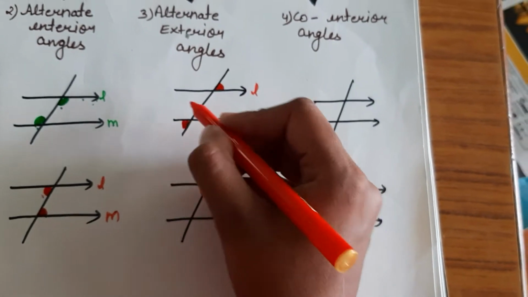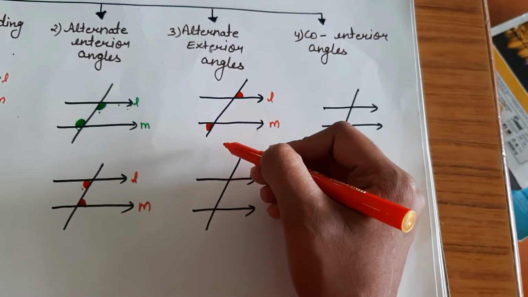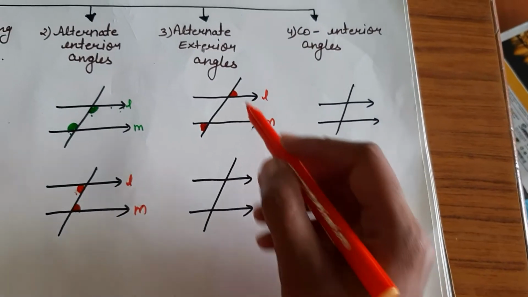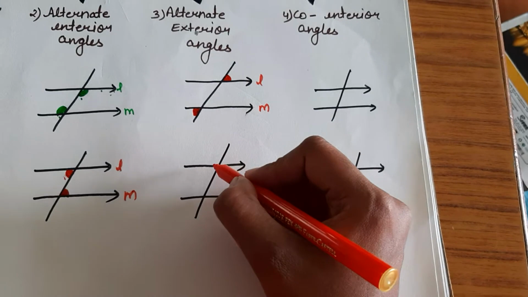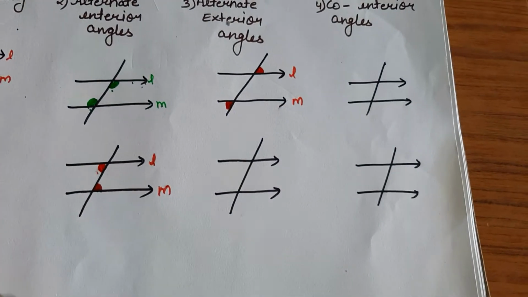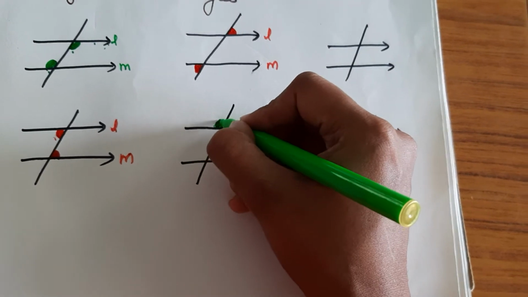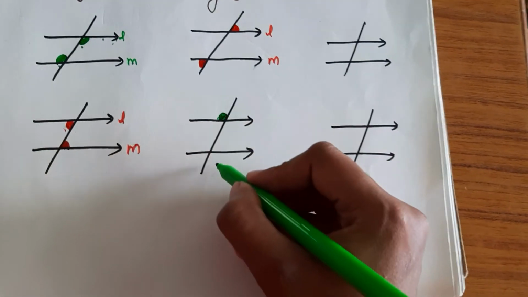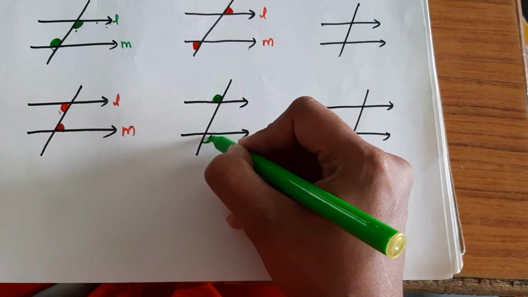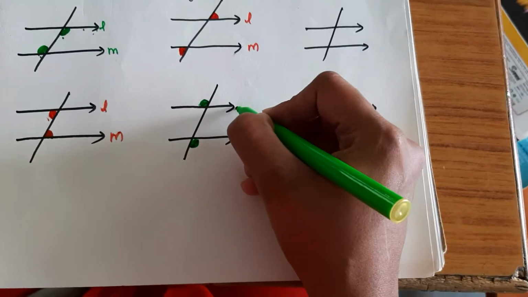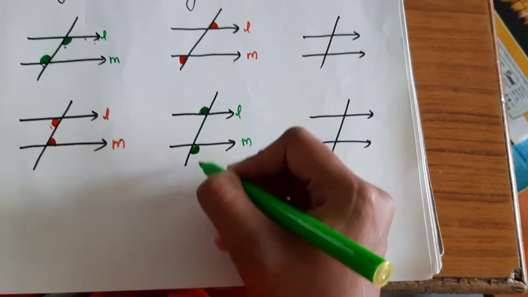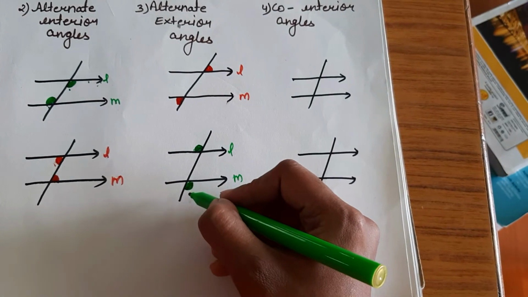These are the alternate exterior angles. Next one, now if I am taking in this side, then what is the opposite of this transversal? This one, please, because we want the exterior angle. So these are the alternate exterior angles.